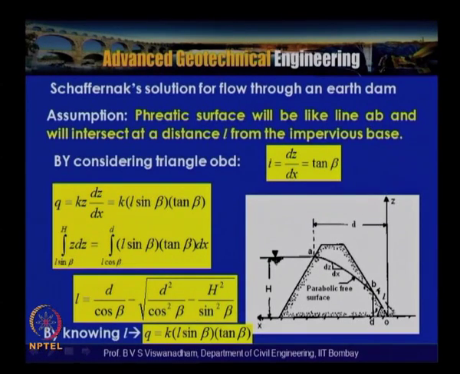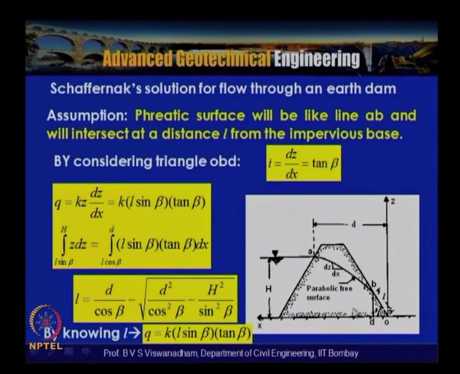So we can write Q is equal to kz into dz by dx, and now we substitute tan beta for dz by dx, and we can write Z in terms of L sin beta by taking the triangle OBD.